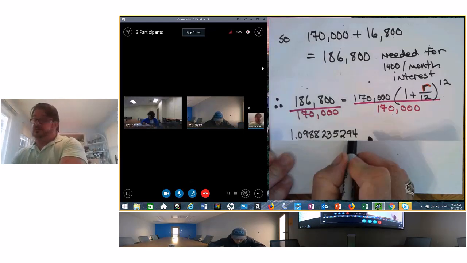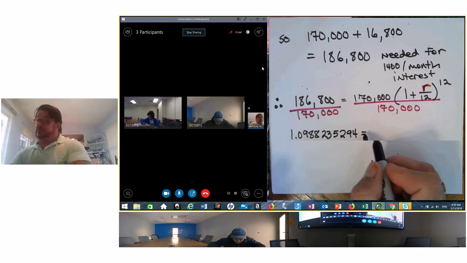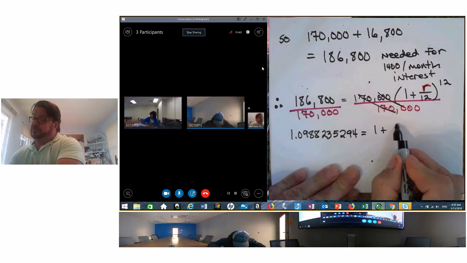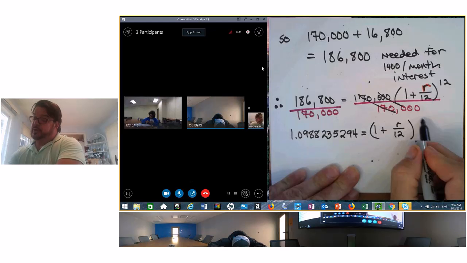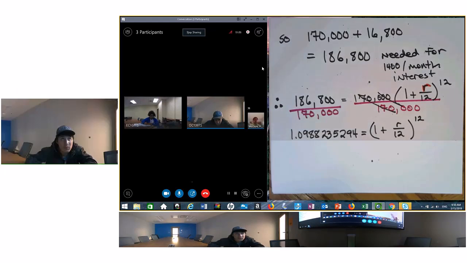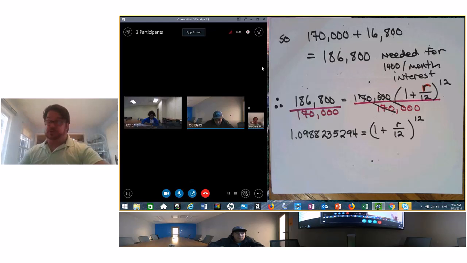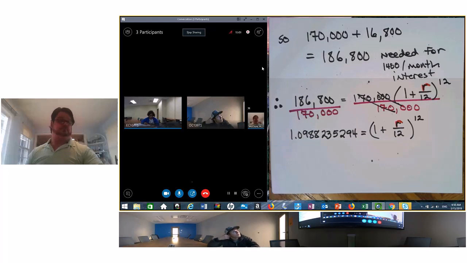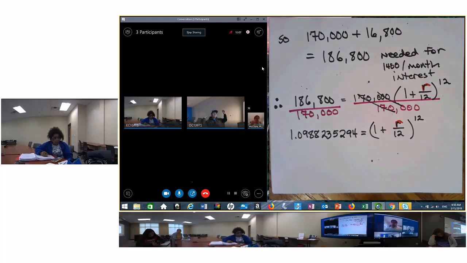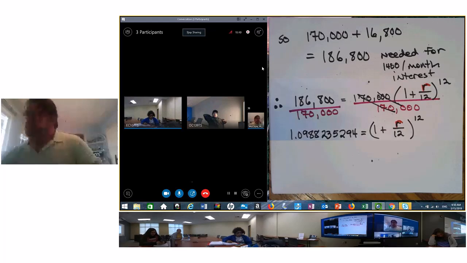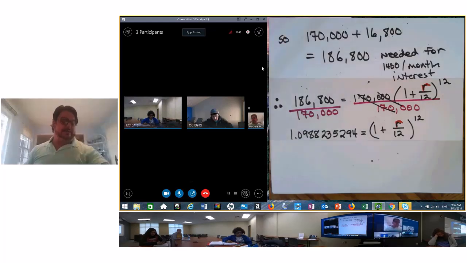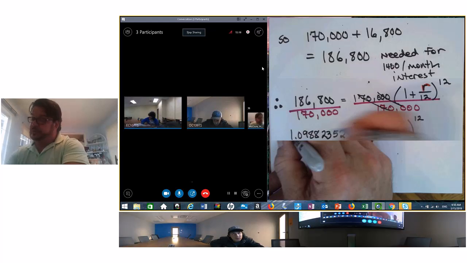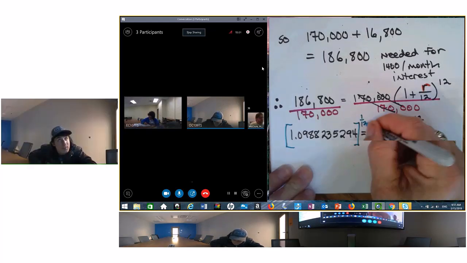That's why the calculator is so good, to keep it in there. And this goes out, and that leaves you with 1 plus r over 12 raised to the 12th power. Now what? We still want r by itself. We got to get rid of what next? The 12th power. So we need to raise both sides to the 1/12th power, or take the 12th root.